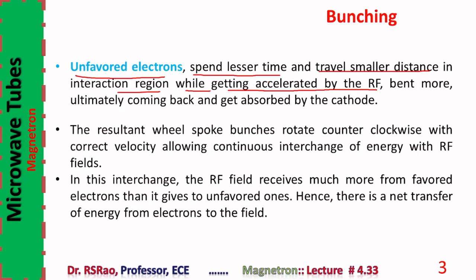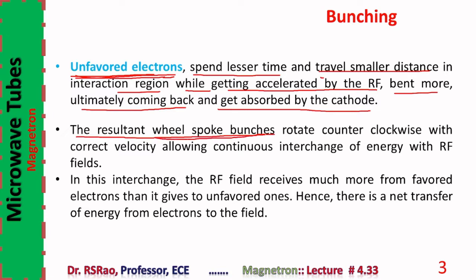We want the RF to be strengthened. So unfavored electrons are involved in a process which is unwanted. Therefore, they are labeled as unfavored electrons. They bend more, ultimately coming back and getting absorbed by the cathode. The resultant wheel spoke bunches are formed out of favored electrons.